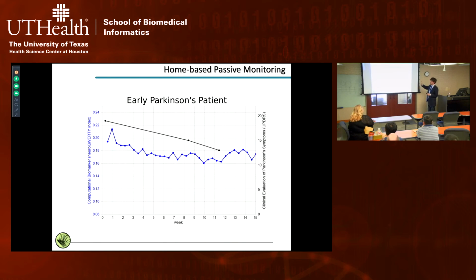There is no change in the training. We want to keep it as clean as possible to see really what's going on before we start messing around with the data. And in black you have the clinical evaluations, which are the UPDRS scores. And the more both things go down, the fewer symptoms they have.